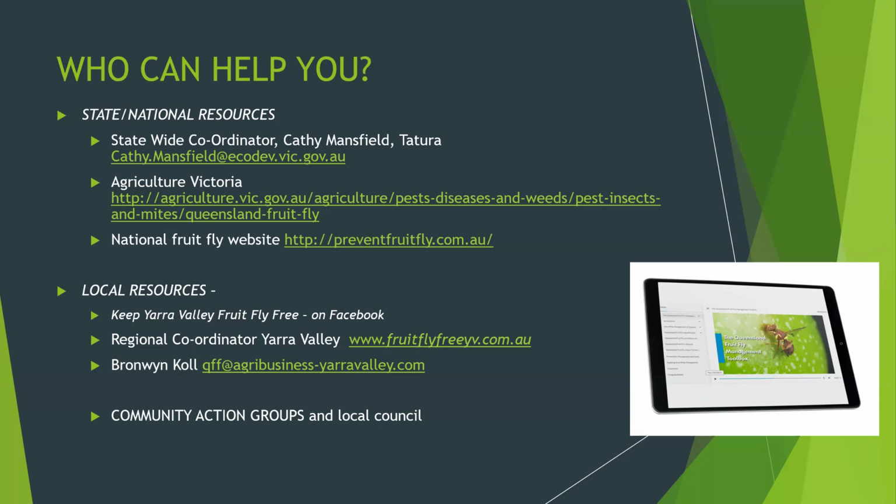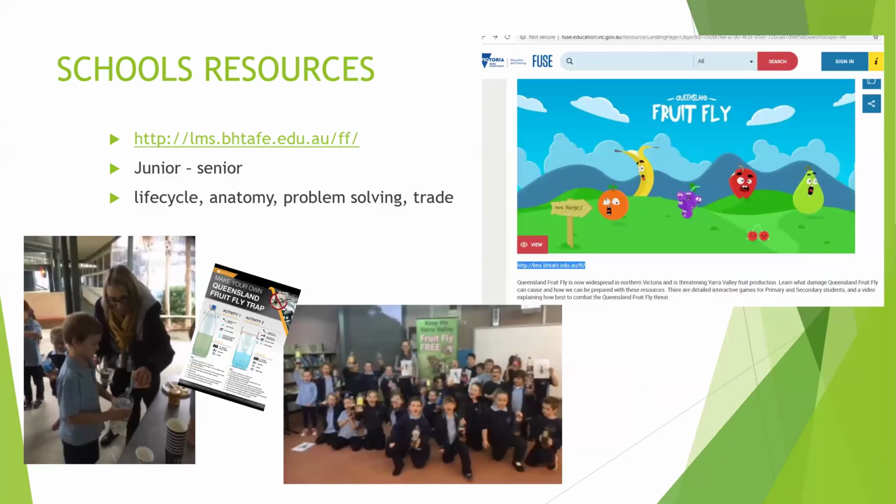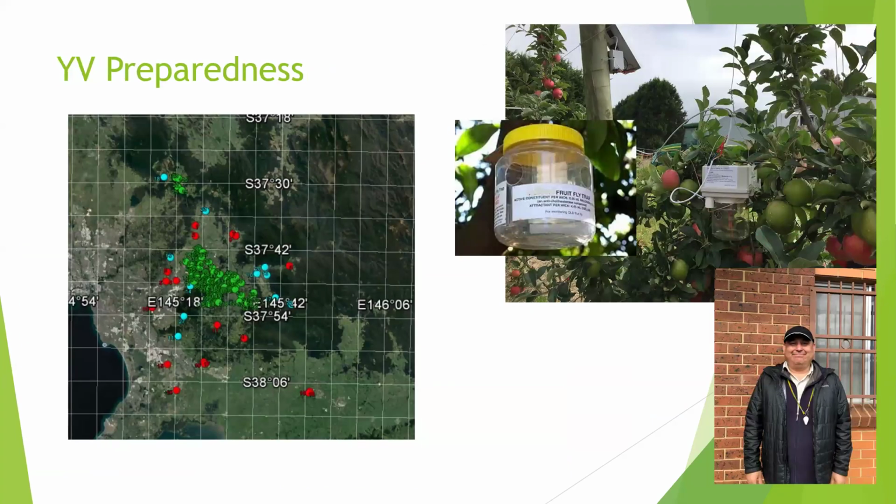We've got resources for schools, kids in schools, about making fruit fly traps and understanding biosecurity and trade. A map of our fruit fly surveillance system that we've actually just pulled in now because our funding's closed. But that's the kind of extensive trapping network you need to really get on top of fruit fly in an area.